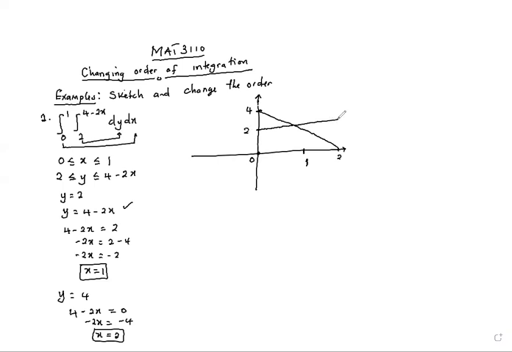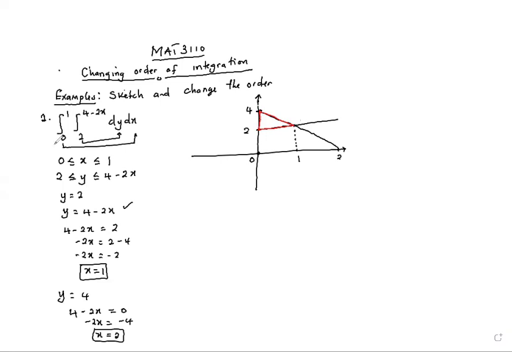The region of interest is bounded from 0 to 1 and from 2 to 4, between the two lines. Between the two lines. So it means that we're looking at this section here. This section there. So now we must change the order.